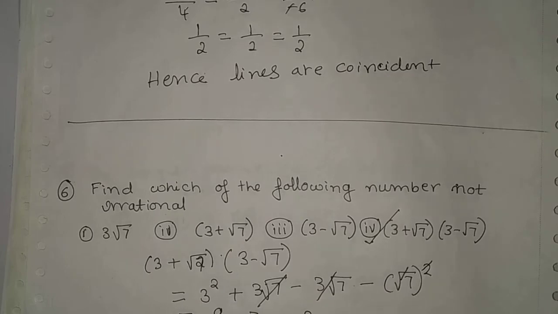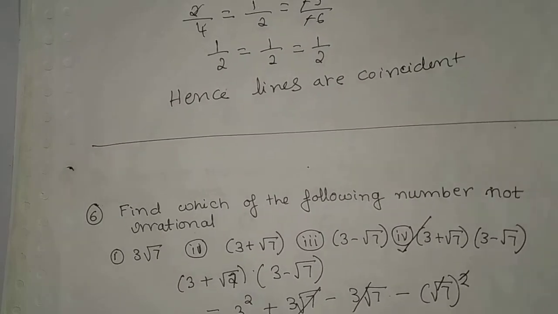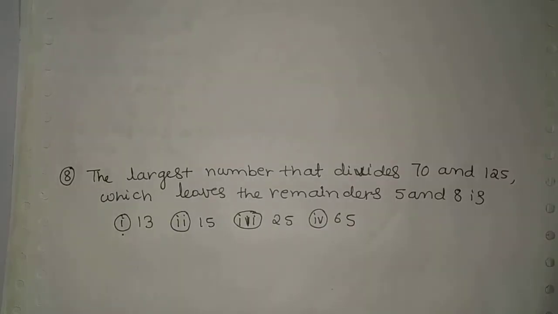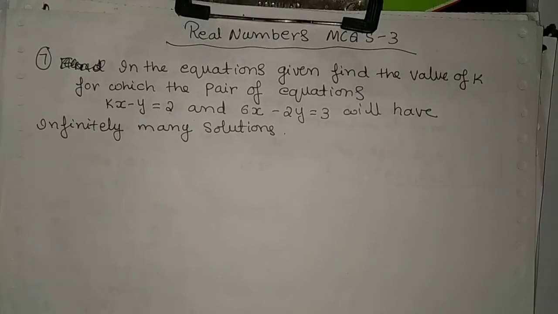So this is the solution for the sixth. We move on to the seventh problem. The seventh problem given is, find the value of k for which the pair of equations kx minus y is equal to 2 and 6x minus 2y is equal to 3 will have infinitely many solutions.